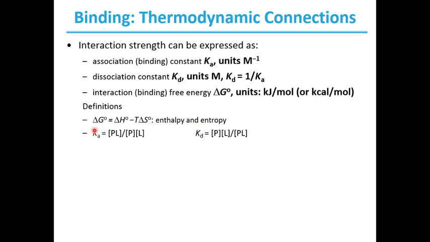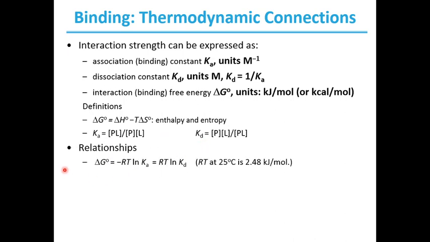Now you know all the definitions, right? Delta G0 is equal to delta H0 minus T delta S0, enthalpy and entropy. And you also have the equations for Ka and Kd. The relationship delta G0 is equal to minus RT ln Ka, or RT ln Kd.